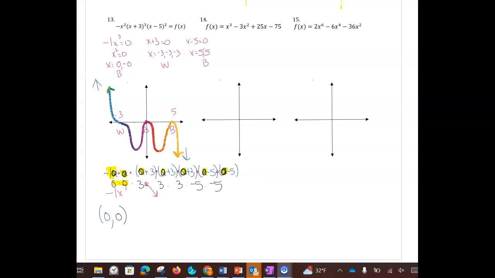All right, so moving to 14. 14's in standard form. What I like about standard form is I can immediately see the shape. Right now I know my shape is going to be a line that goes up and down.